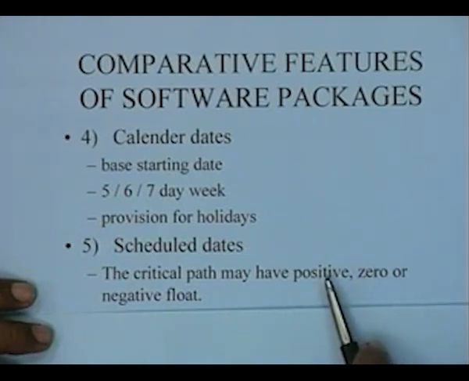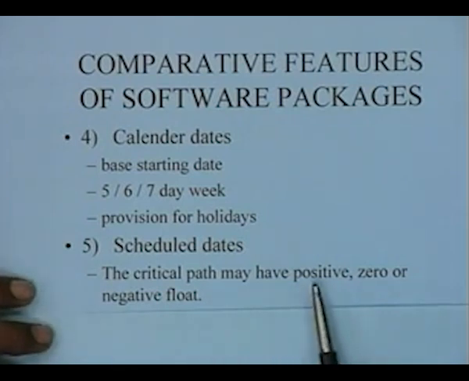So if it has a positive float, it means that it is very easy to accommodate the project within the scheduled date. If the critical path has a negative float, it shows that you are short, and you will have to do some crashing to accommodate the project within the scheduled date. So many packages have this interpretation where they say the critical path can have 0, positive or negative float.